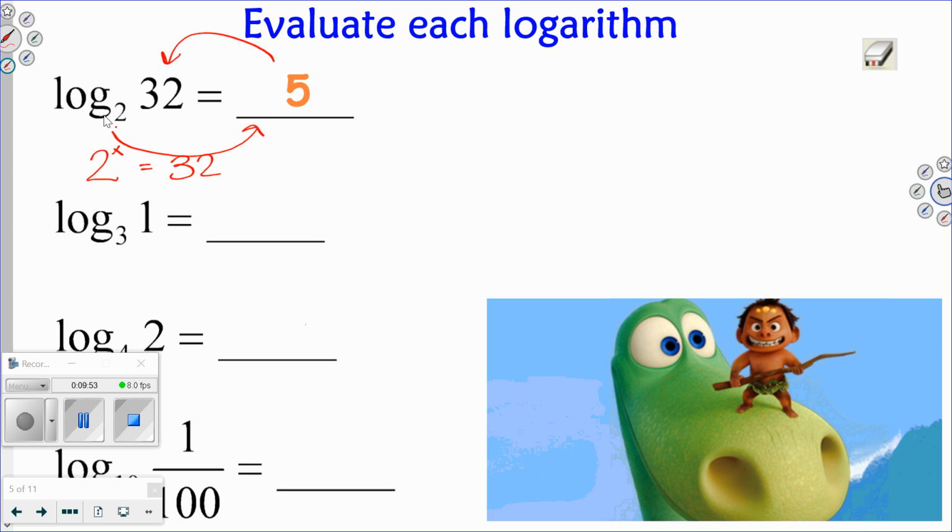All right, so again, the next one, log base 3 of 1. It's not just a simple computation. You got to understand what it's asking. It's asking you 3 to what power equals 1? 0. Anything to the 0 power equals 1.